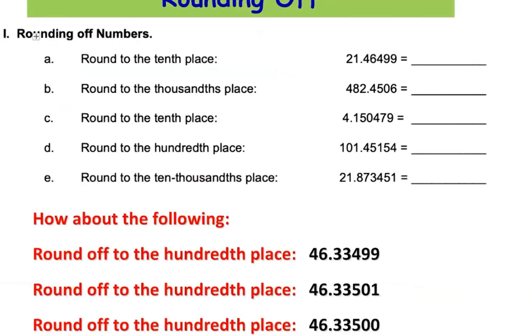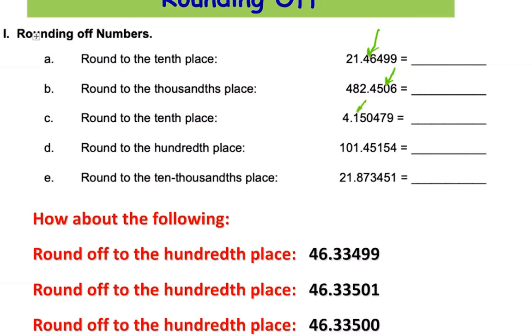Now we can take a look at this question in your activity. The 10th place is right here. That 4 is the 10th place. Okay, it's 1 digit past. The 1000th place is 3 digits over. That would be the 0. The 10th of a place again would be the 1. Doesn't matter what the number is.